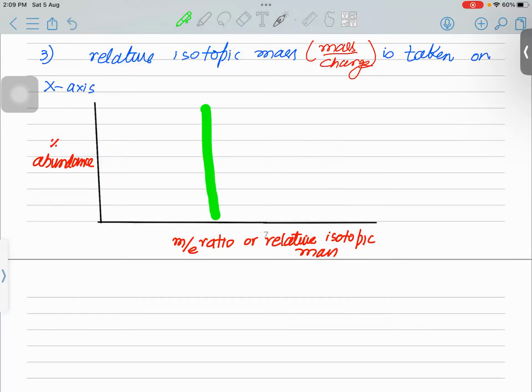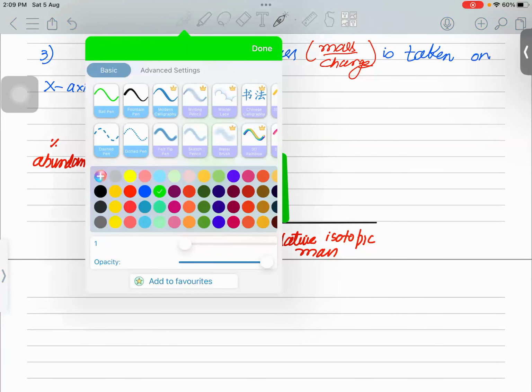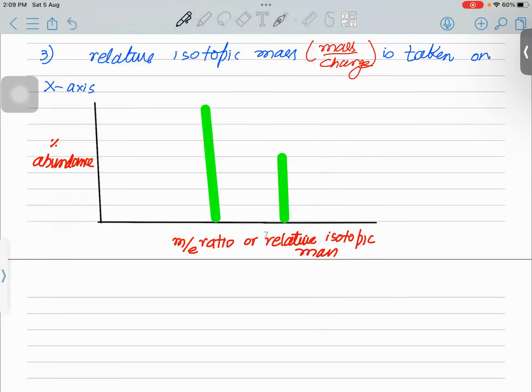First we have this line, and then we have this line. This is 35. Here we have 37. This is 75%.